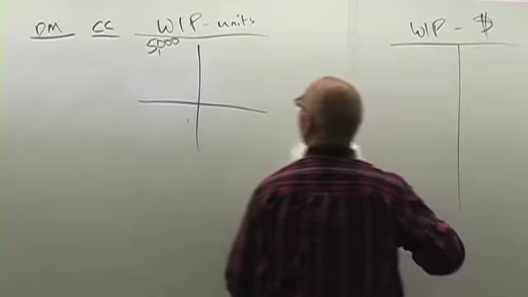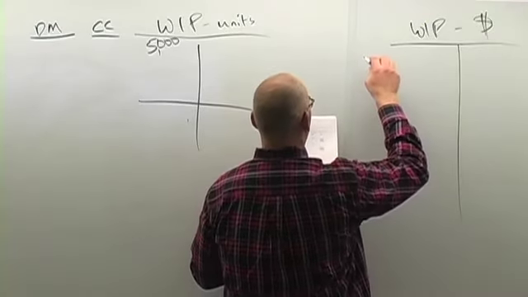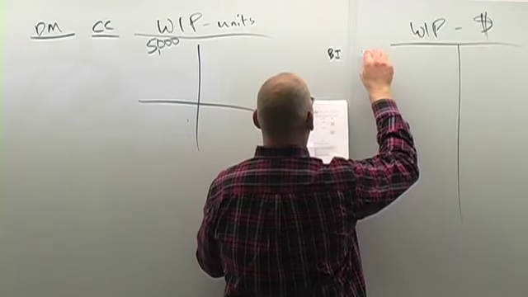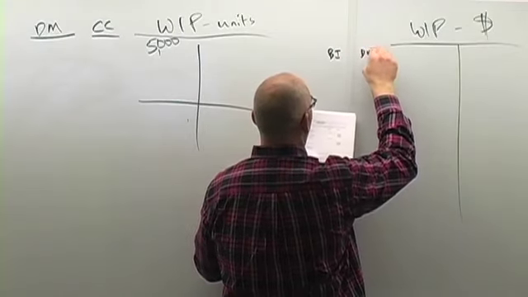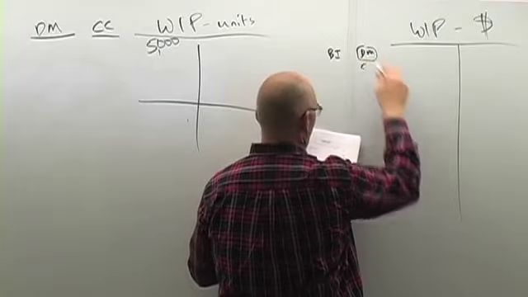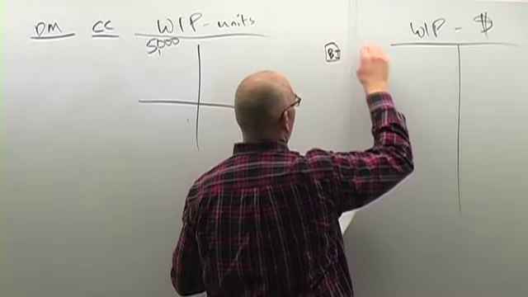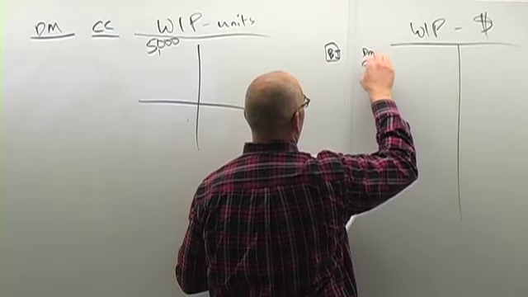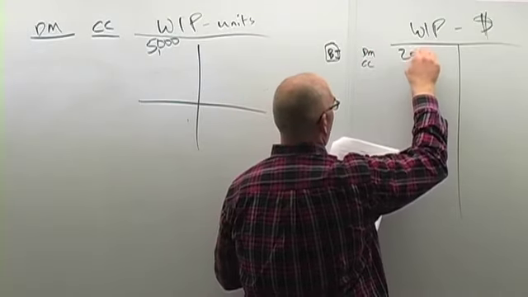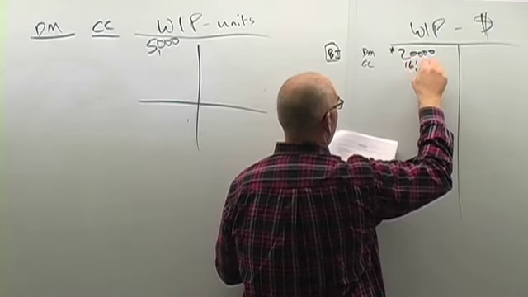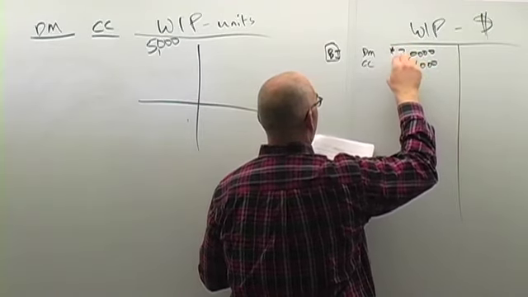So here we're going to keep track of beginning inventory, direct materials and conversion costs, separately. So that's $20,000 for direct materials and $16,000 for conversion costs.